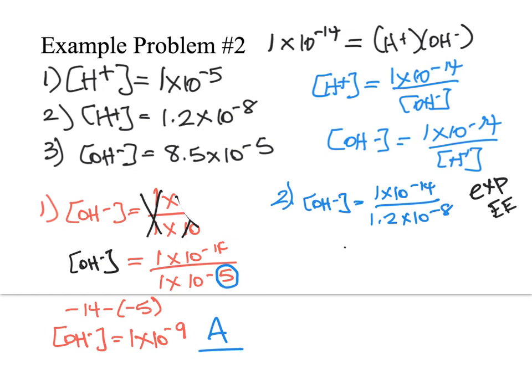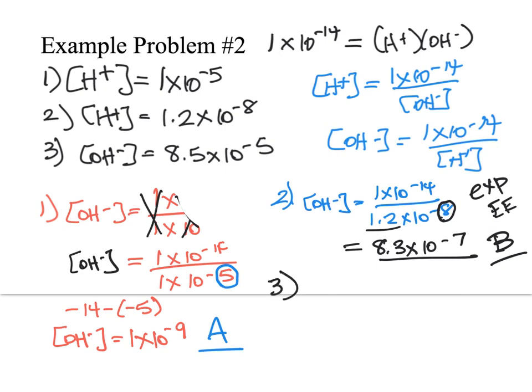When I do that, I get hydroxide is equal to 8.3 times 10 to the negative 7th. It should have the same number of sig figs as the given. There it's shown to have 2. I know that this is a basic solution because I look at the exponent, and in this case it would be somewhere between 7 and 8, and so it is mildly basic.